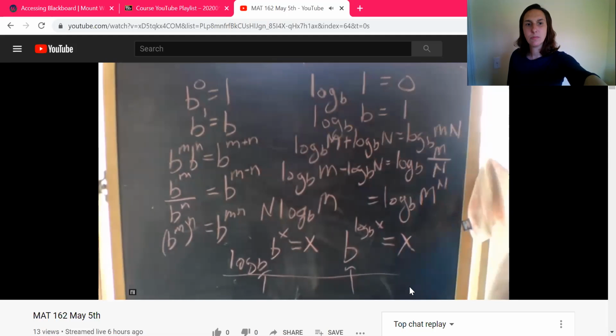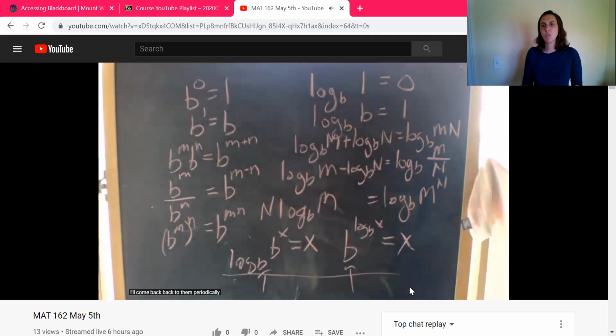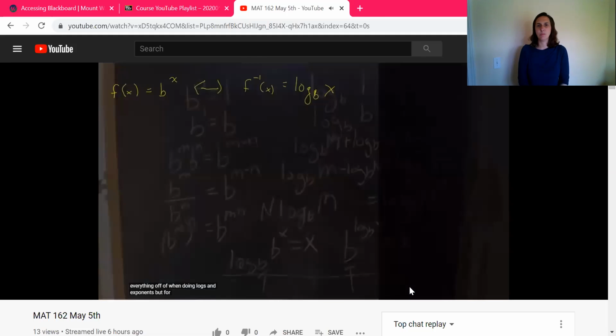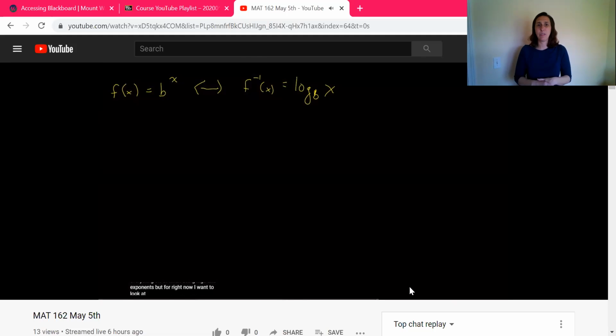But I have these up here. I'll come back to them periodically, because these are the rules that we base everything off of when doing logs and exponents. But for right now, I want to look at this relationship between these two things and look at some particular models. We have seen the doubling time and half-life time. And so we're going to start with half-life.